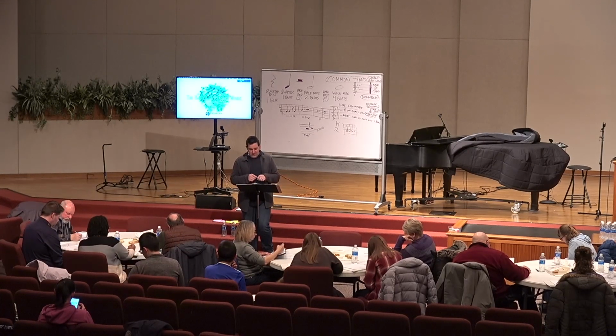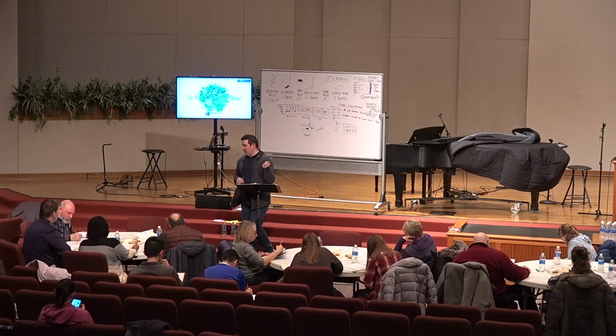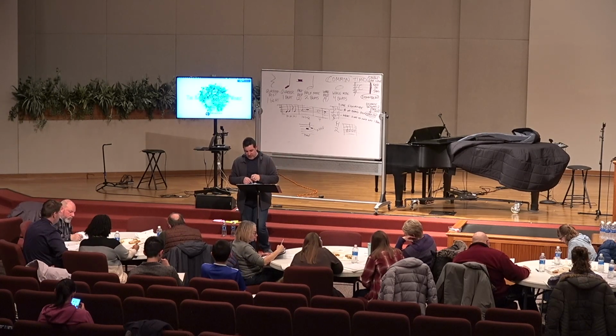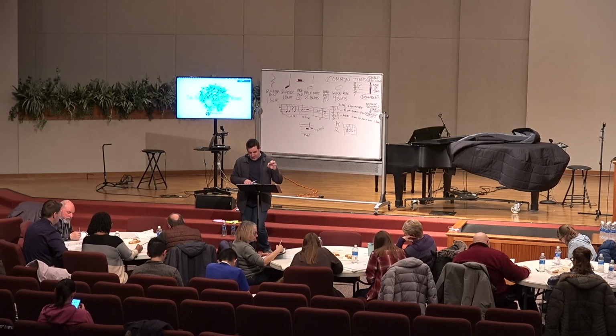Okay? So they give you the examples. If it's the third line or higher, stems go down on the left. Any stem that goes down is going to go on the left side, no matter what situation you're in. Then the other side is if the notes are below the middle line, the stems go up and they're on the right side. Okay?